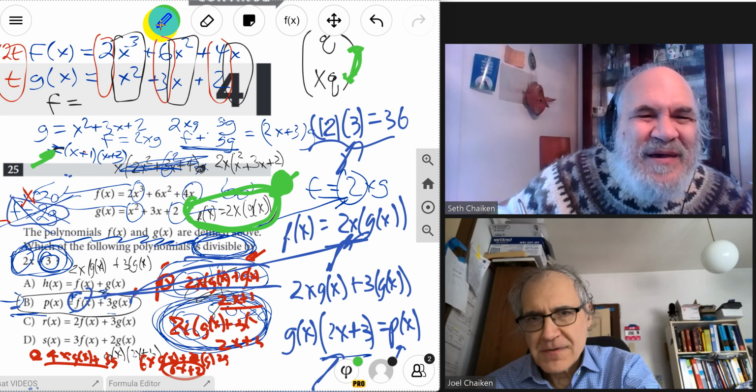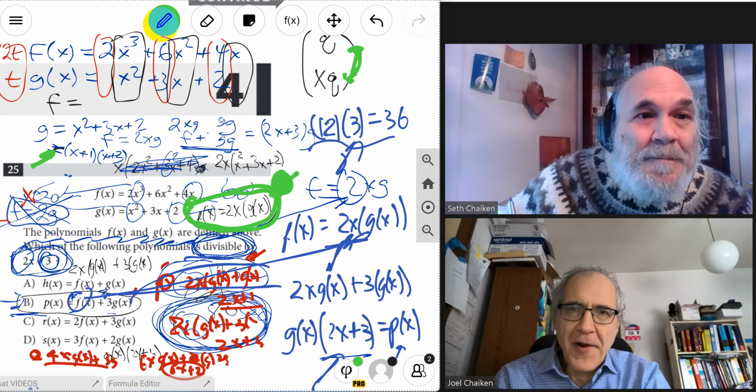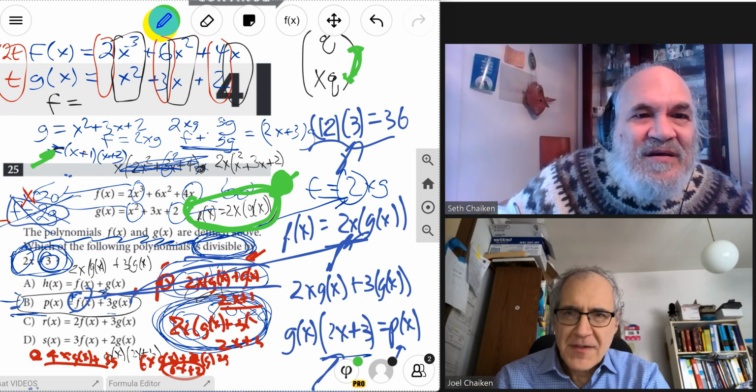It should be x cubed on top, shouldn't it? No, you're right. So the q is either x squared or x or 1. Yeah, you go from G to F.